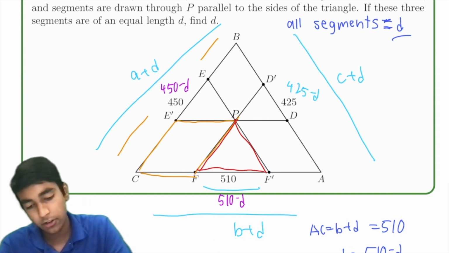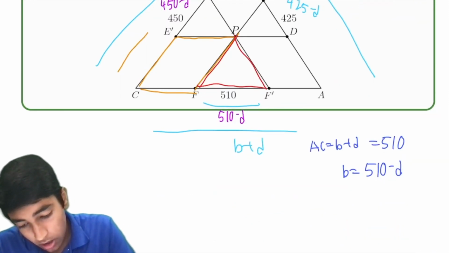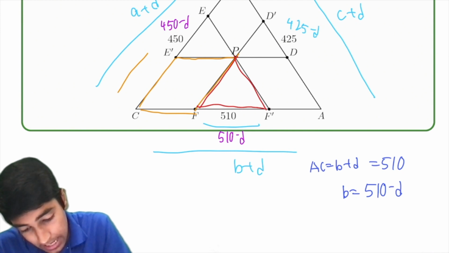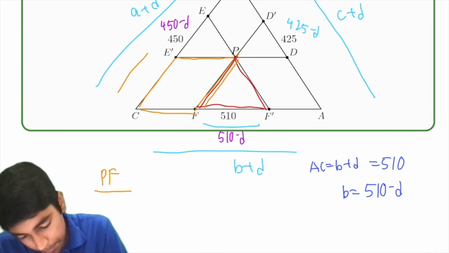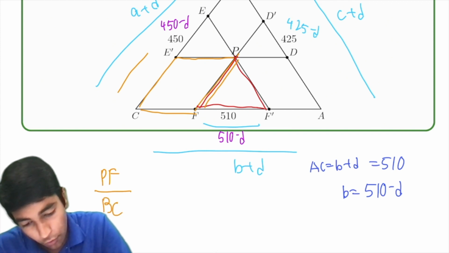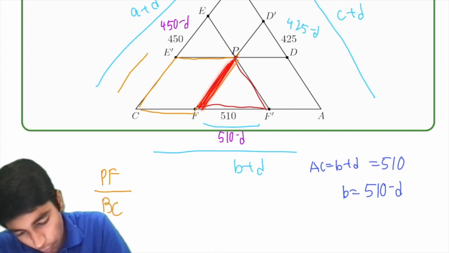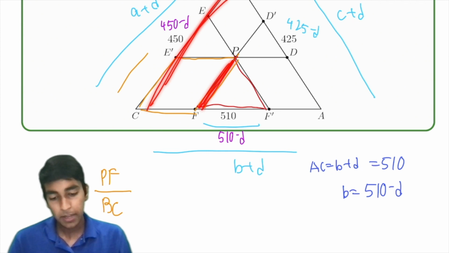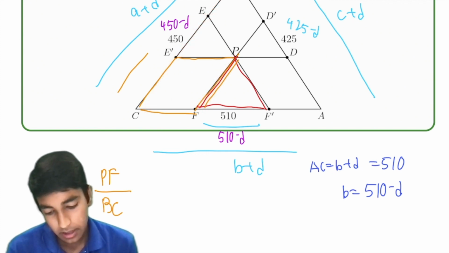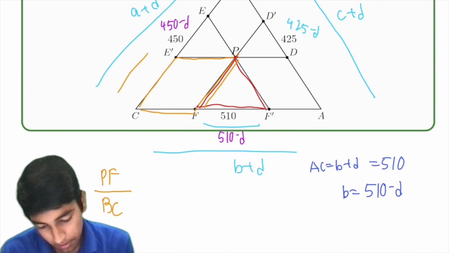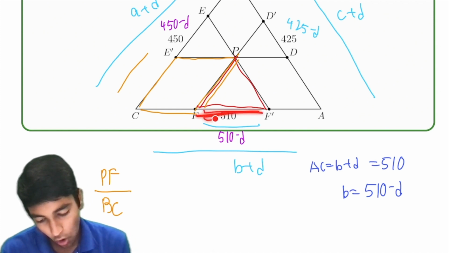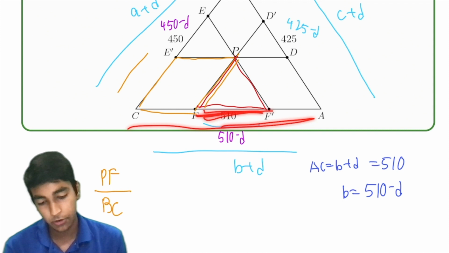And we can do this by just seeing that if we have, look here, PF over BC, that's this over this. PF over BC is equal to F prime A over CA by similar triangles.